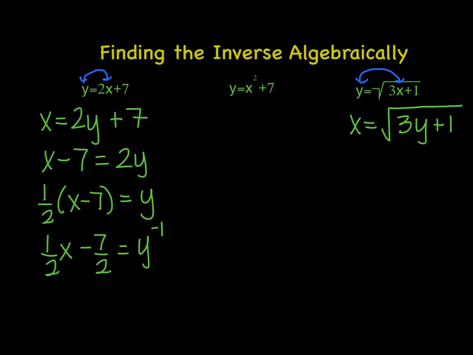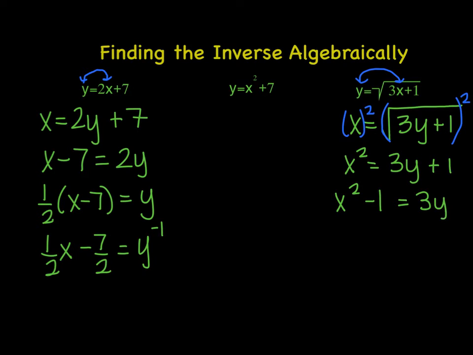Well, the first thing I need to do is get the y out from under that long square root, so I'm going to square both sides, and I get x squared equals 3y plus 1. I'm going to subtract 1. I'm going to multiply by the inverse. And make sure that it's the inverse.